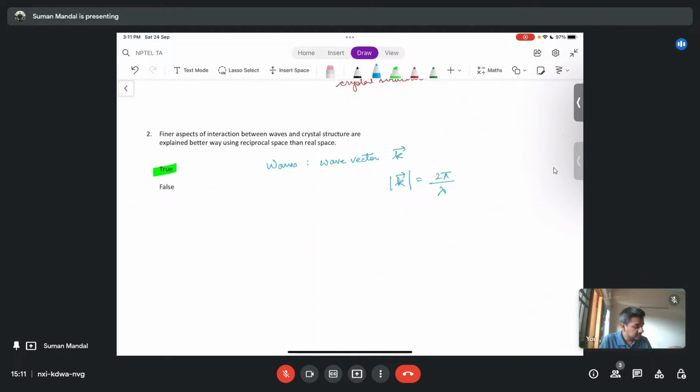Then we see that the dimension of this wave vector is inverse of length, so it is in reciprocal length units.